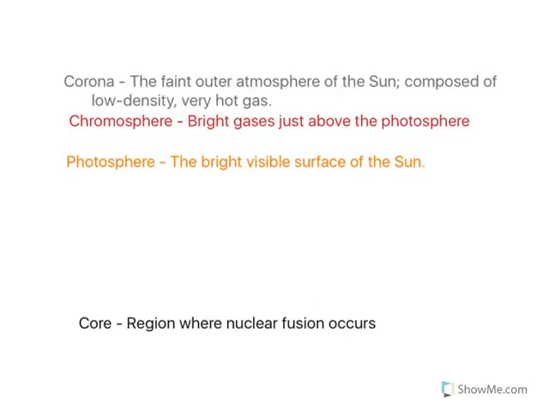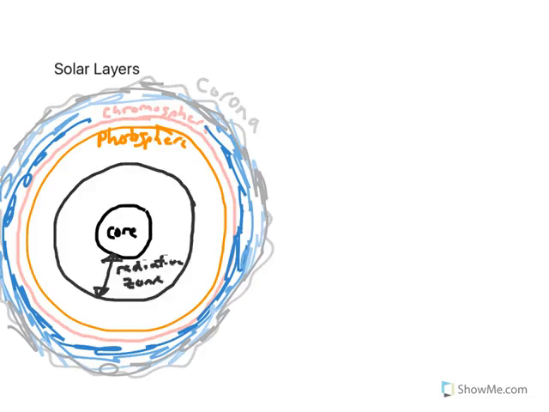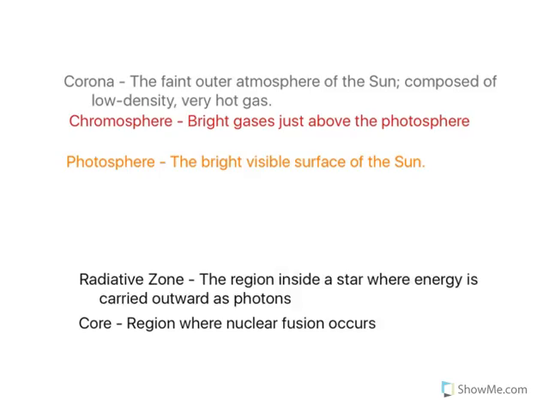You combine these atoms and eventually you create a helium atom, a higher number nuclei on the periodic table. Above the core, we have the radiative zone. The radiative zone is a region inside a star where energy is carried outward as photons.